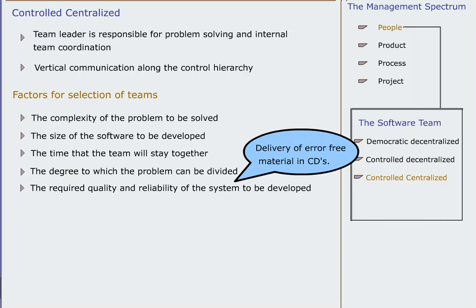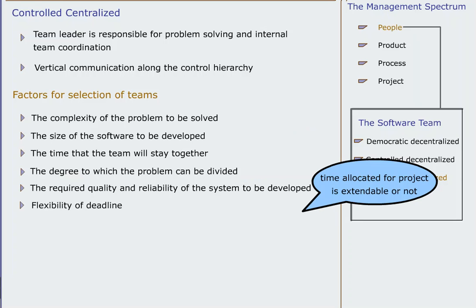Number 6. Extent to which the deadline is flexible. It means the time allocated for project is extendable or not. For example, if we have specified 1 year, we can extend it to 1.5 years or not.